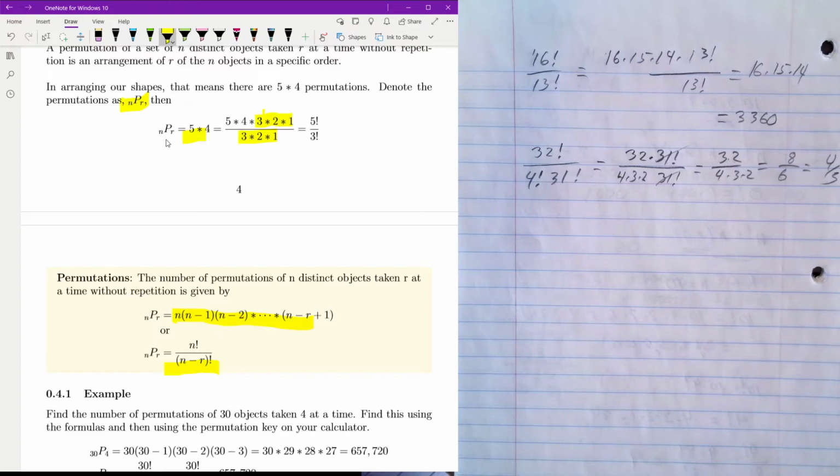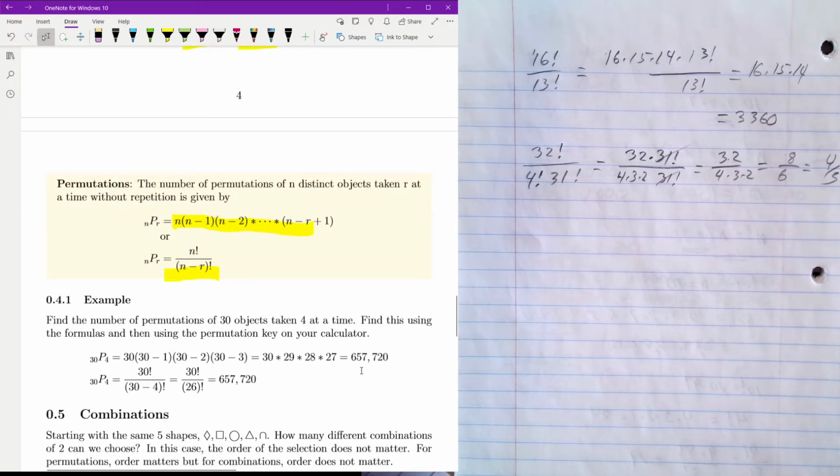We chose 2, so r is equal to 2. 5 minus 2 is equal to 3, so 3 factorial was in the denominator. This is exactly what your calculator does when you do this permutation. And these can get large fast. These are very large numbers. They get very large very quickly.